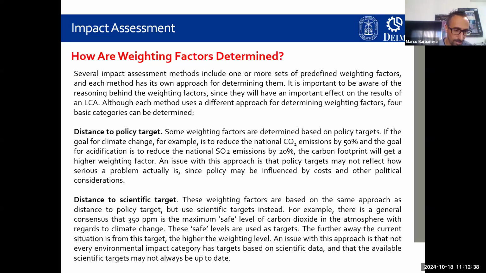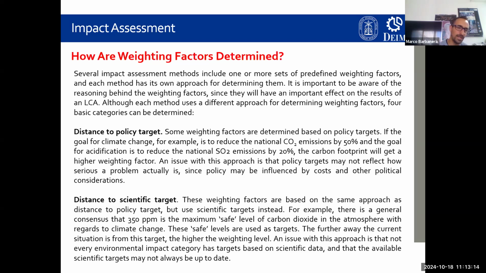So this is the most important problem with these criteria, because for climate change, it's quite easy to find a target. It's more difficult to define a scientific target for other kinds of impact categories, for example, acidification, eutrophication, or others.